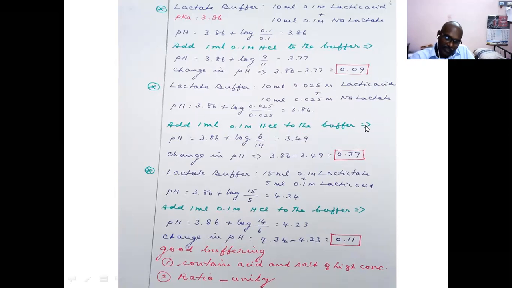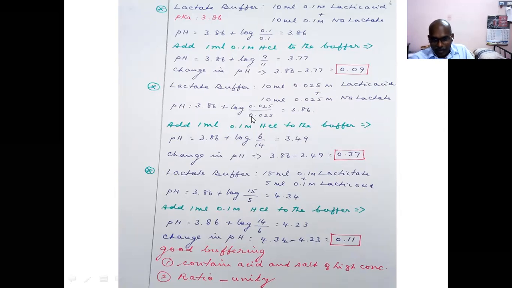Now what happens? 1 ml of 0.1 molar hydrochloric acid is equivalent to 4 ml of 0.025 molar sodium lactate. You should understand this point very carefully. When you add 1 ml of 0.1 molar, this is stronger than the actual sodium lactate present in the buffer.